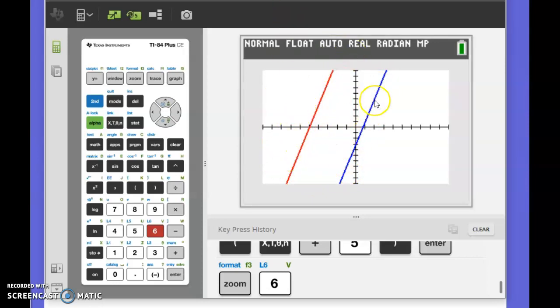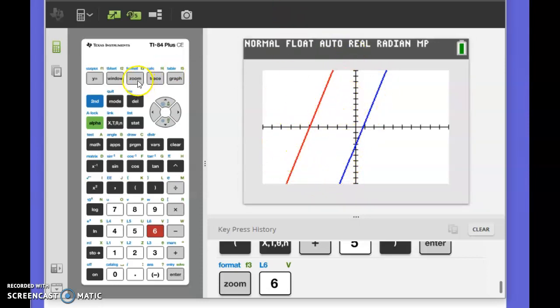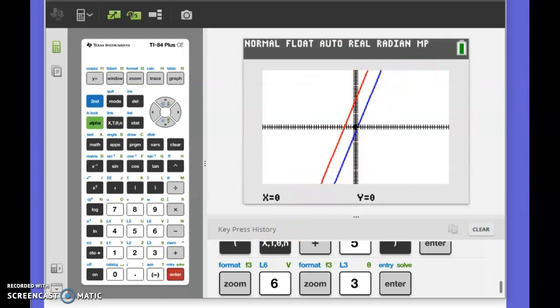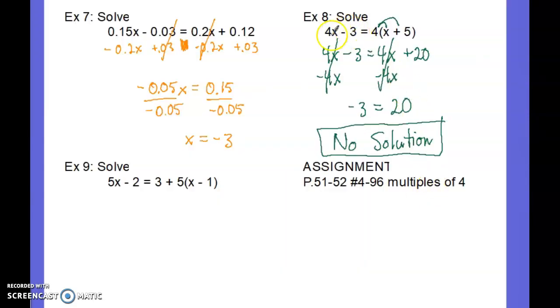You might be looking at those and say, oh, well, what if you zoom out? I could zoom out, sure. And they're still not crossing. And the real answer is that they're parallel. And that should make sense, because in Algebra 1 or geometry, you learn that if you have the same slope but different y-intercepts, then they're parallel. Well, if they're parallel, those two lines will never cross, which means there's no possible values for x to make this equation true.